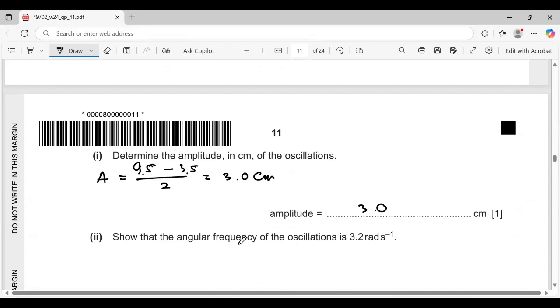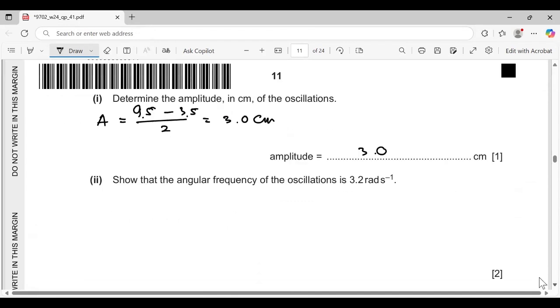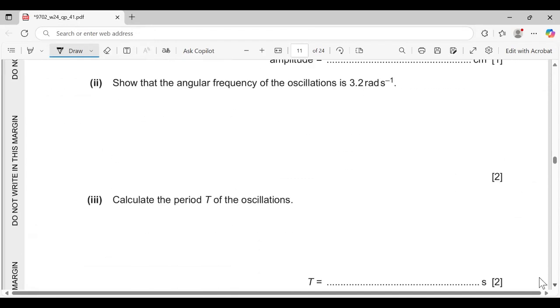So the angular frequency of the oscillations is 3.2 radians per second. We will use the formula omega equals v0 over x0. The maximum velocity is 9.5, as I showed you just now, and the amplitude is 3.0 centimeters.